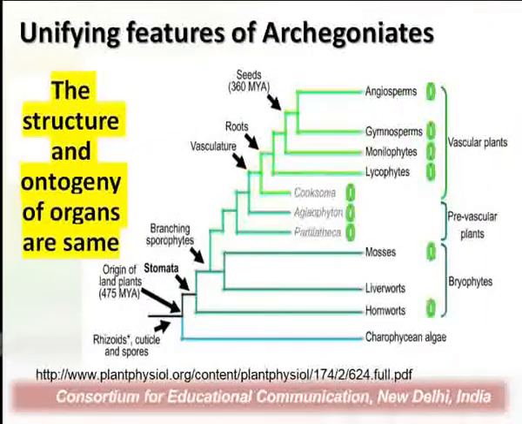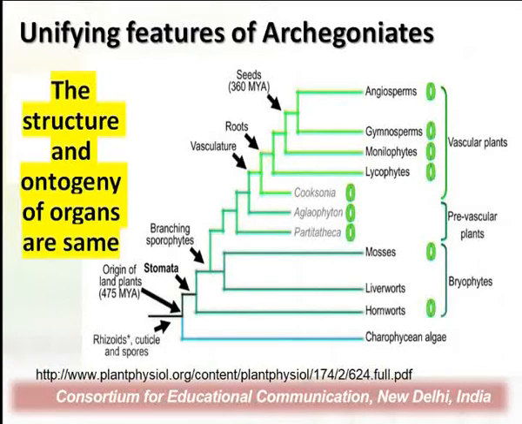Another unifying feature of Archegoniates is the structure and ontogeny of the organs. In this cladogram, we will see that somewhere around 475 million years ago, the land plants originated. After their venturing into terrestrial habit, for the first time, stomata developed and evolved, followed by the event of branching of sporophytes.